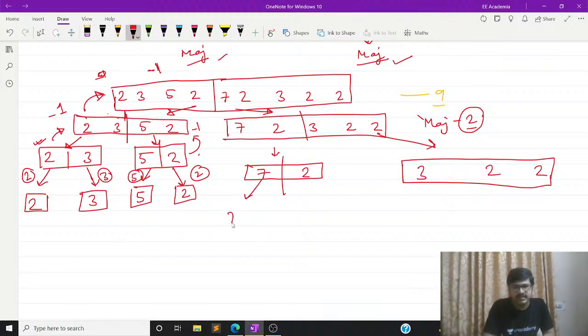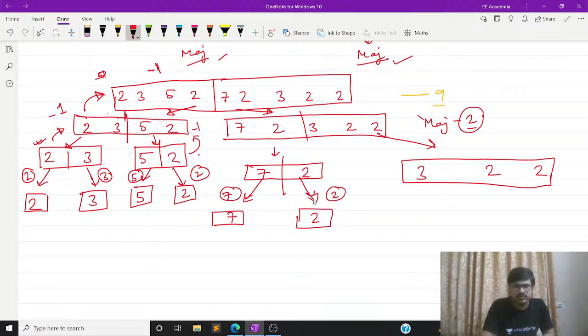So divide this, and understandably it contains just 1 element. Again left half, right half. So now the majority element in this array is 7, right? And the majority element in this array is going to be 2. So I return 7 here.